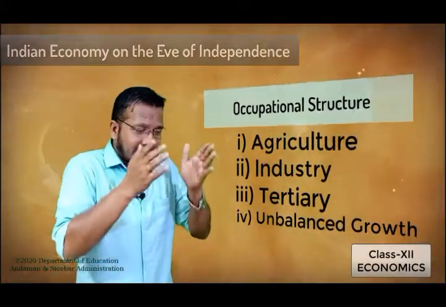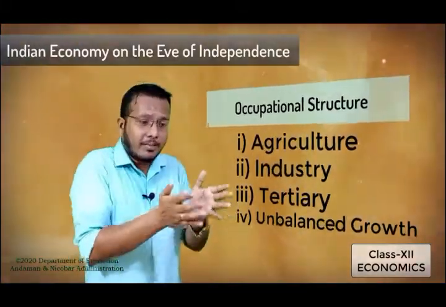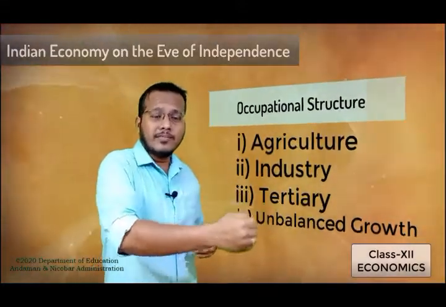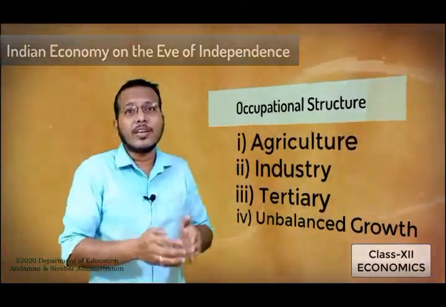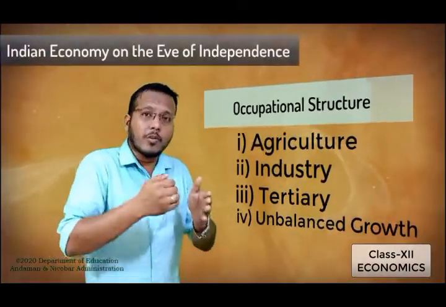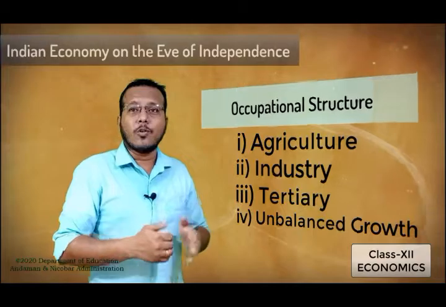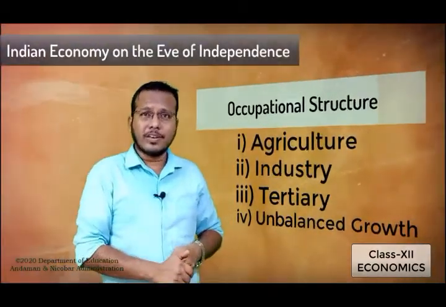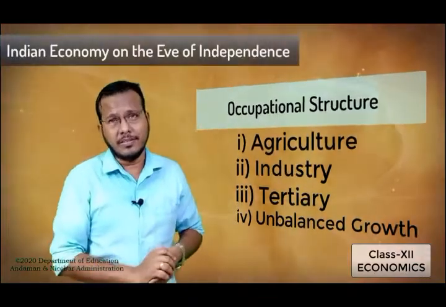That unbalanced dependence of the people on the three different sectors also brought backwardness in the economy. So students, this is the occupational profile of our country at the time of independence.